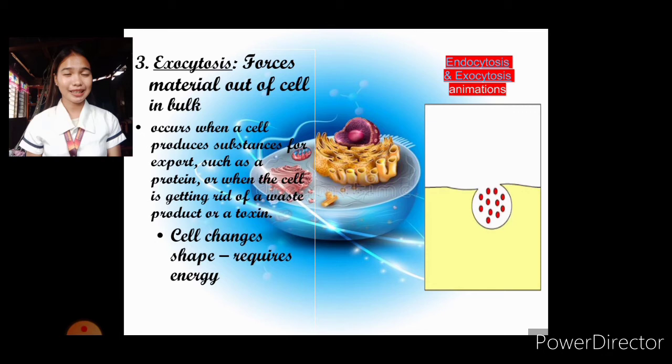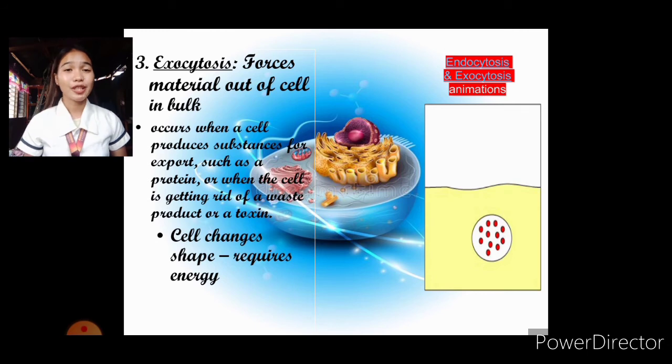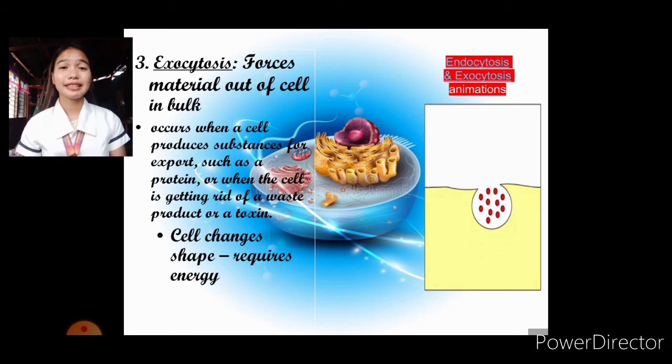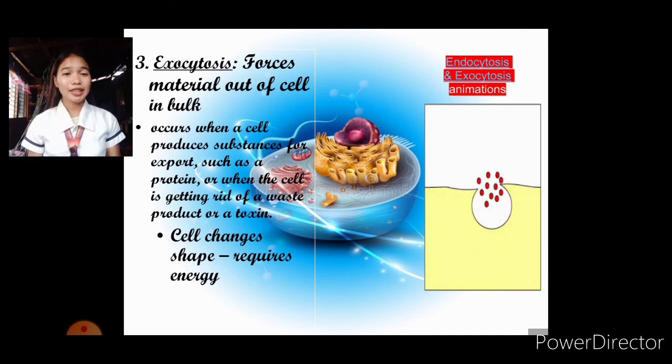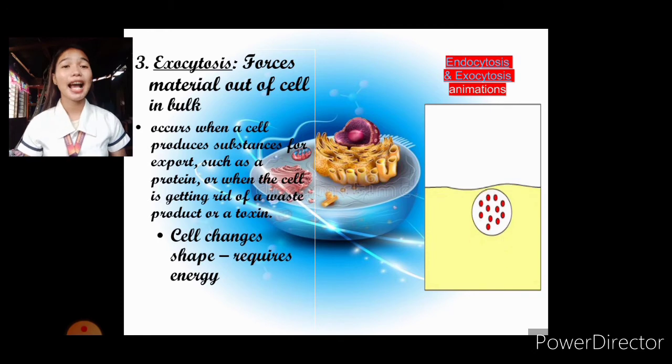This pertains to the process of moving materials from within a cell to the exterior of the cell. During the process, the cell changes shape, and this also requires energy. From the word itself, exo means out of the cell, plus cytosis. So this is how exocytosis works.